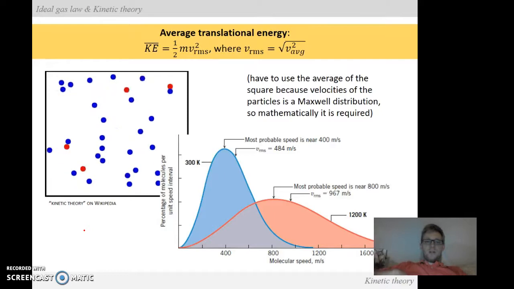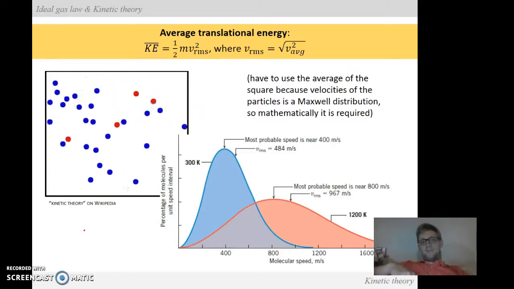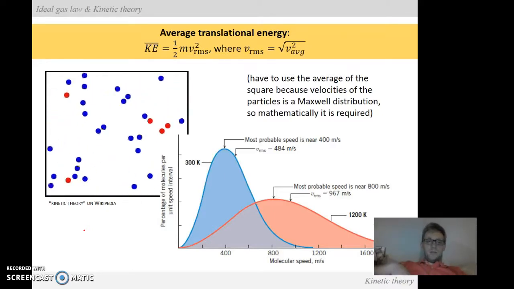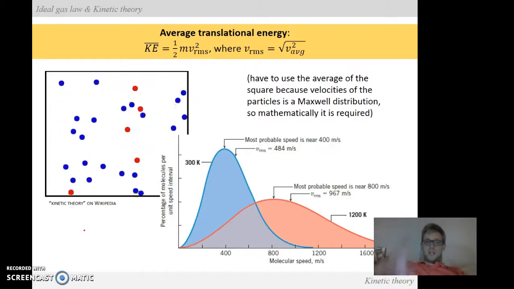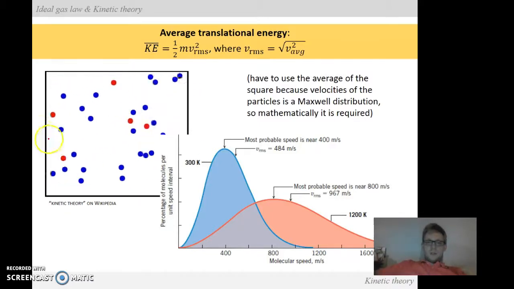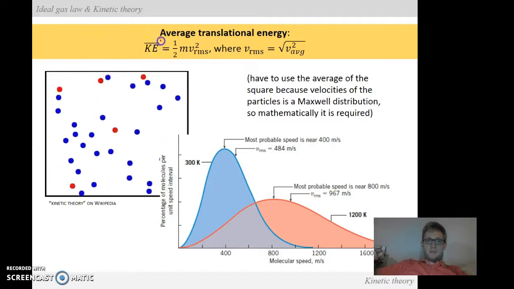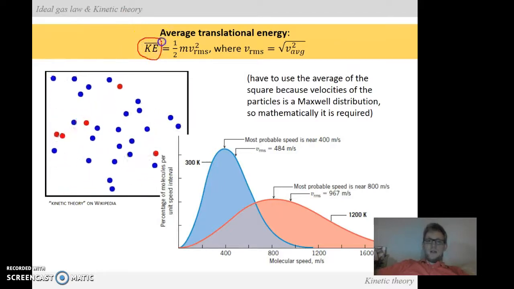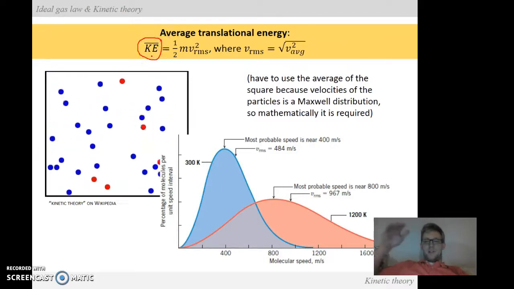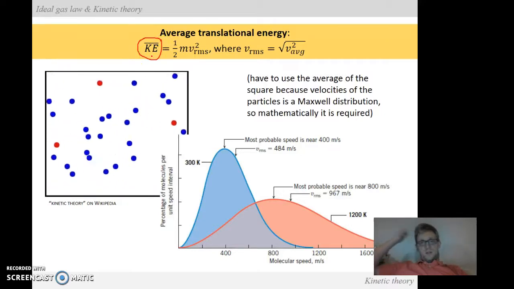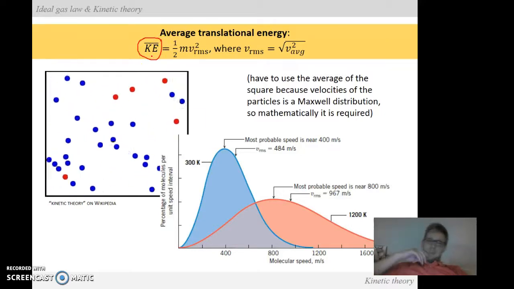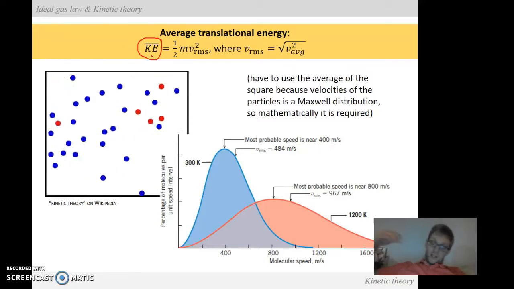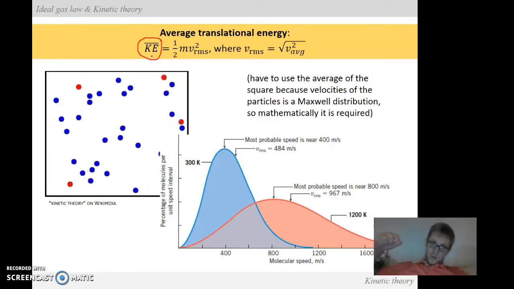So this random orientation is related to the kinetic energy within that system, which we can calculate with this KE with a bar over the top, which is the average translational kinetic energy. And kinetic energy in general is defined as 1/2 mv squared.